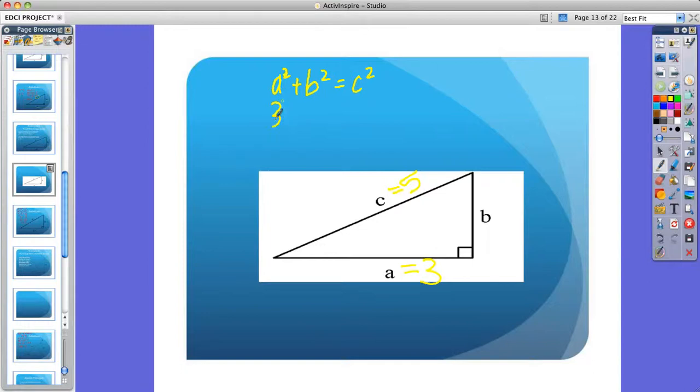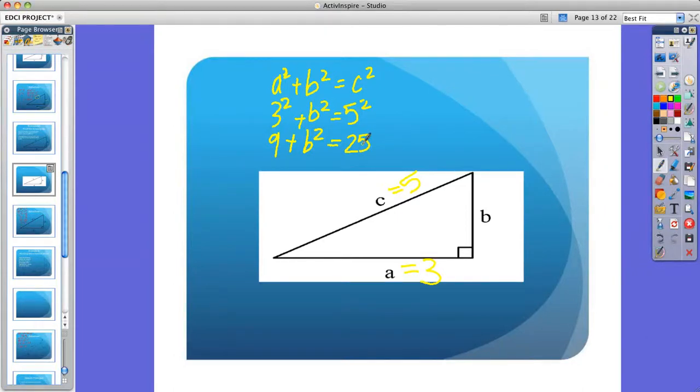So 3 squared plus B squared equals 5 squared. So that means 9 plus B squared equals 25.